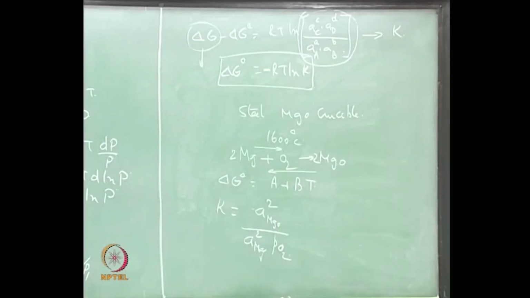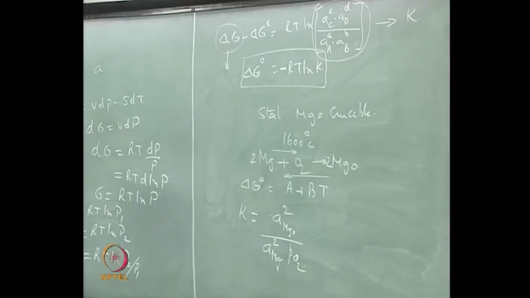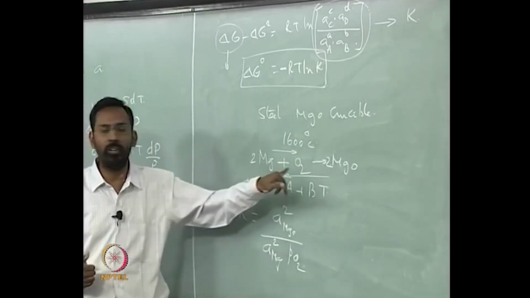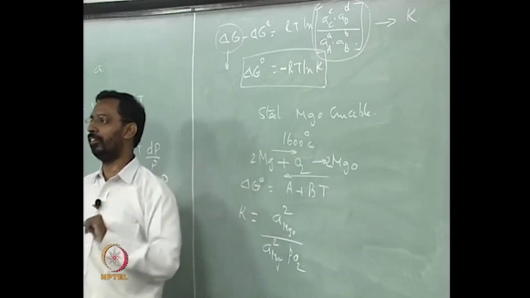Once I know that, and if I know the actual pressure inside the furnace, and the actual pressure of oxygen is higher than the equilibrium partial pressure of oxygen, then the reaction should happen in the forward direction. Whenever the oxygen content is more, the Mg should get oxidized and go in this direction.